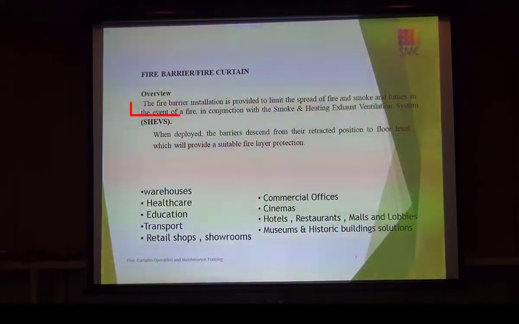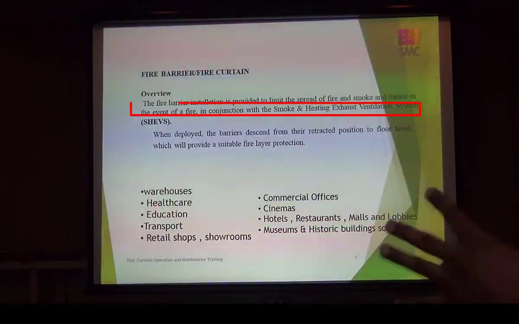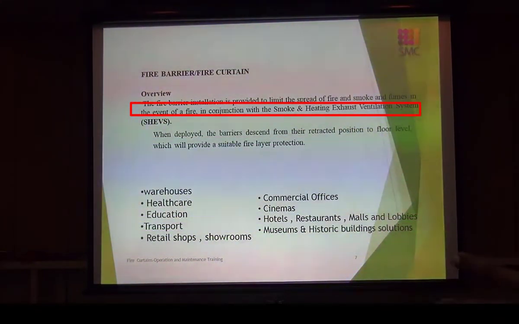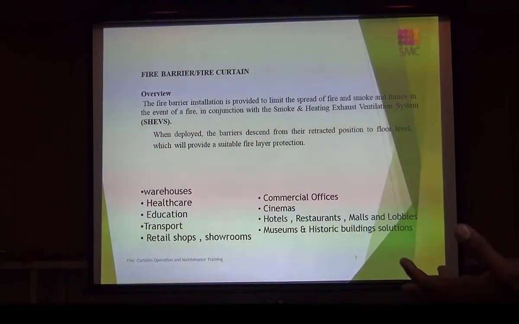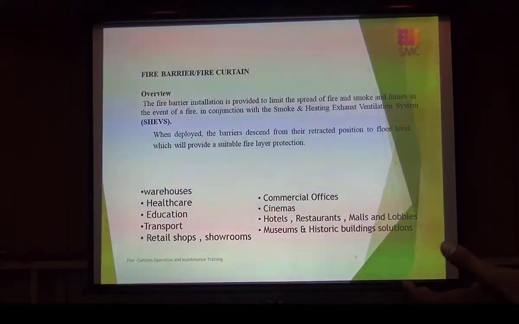So these curtains will be used as a part of the smoke and heat exhaust ventilation system, shafts, along with the ventilators, sprinkler system and other systems to control the fire. They will be used in coordination with other systems.